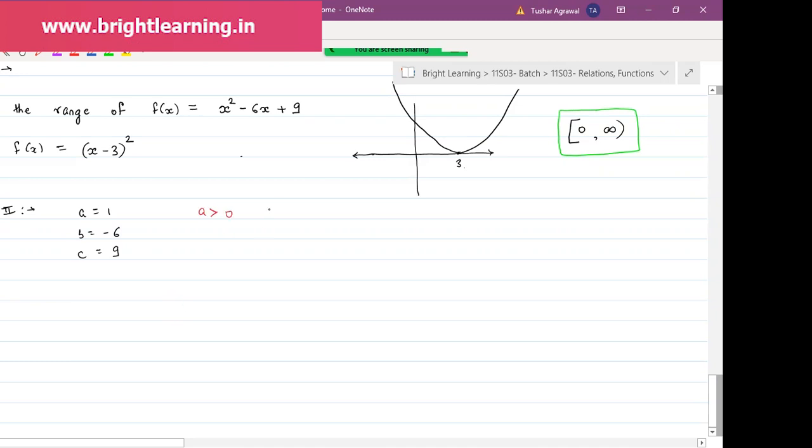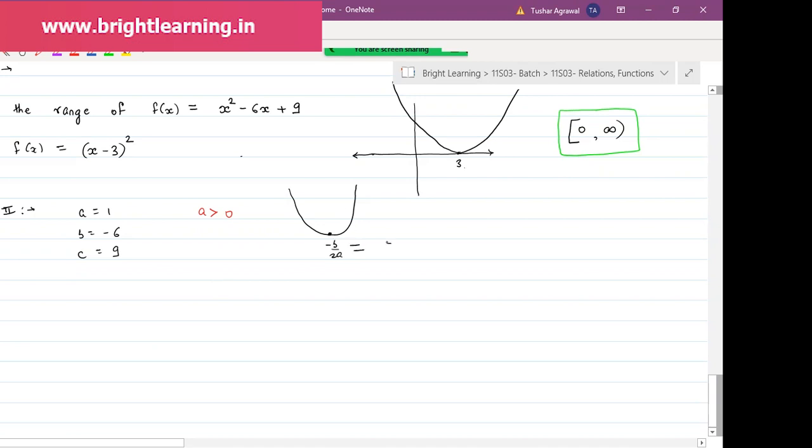Since my a is greater than 0, I am very sure that my graph is an upward facing u. I have already analyzed the graph of quadratic equations in general, so I know that this graph is symmetrical about the bottommost point, and the x coordinate of this bottommost point is minus b by 2a.